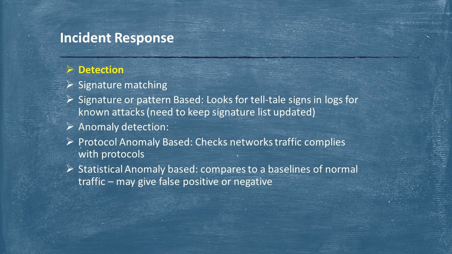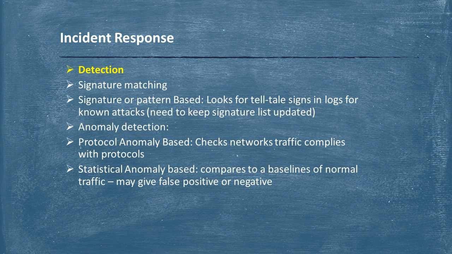It looks for telltale signs in the log for known attacks, like antivirus signatures. The IDS also has signatures. It will look at the signature and do the detection. That is one type of detection. Another one is anomaly detection. In anomaly detection also there are 2 types. One is based on protocol and another is based on history or statistics.